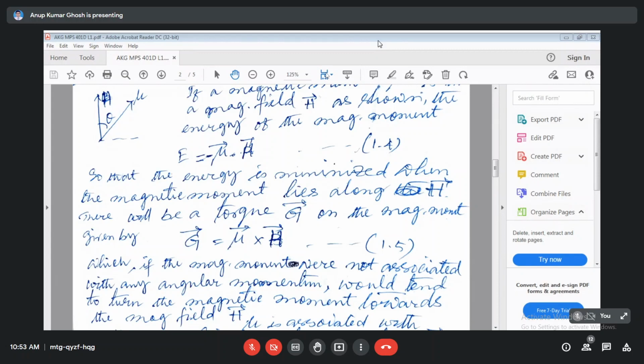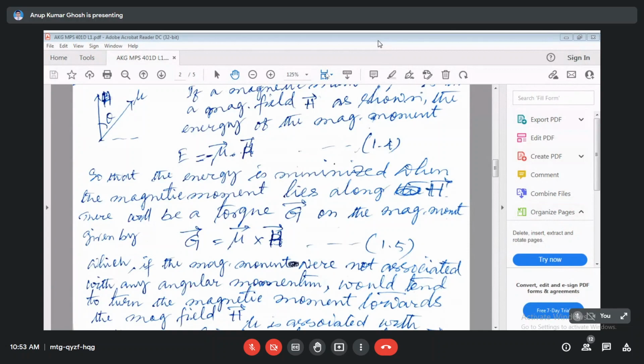One is the energy: because the magnetic field is there and you place a magnetic moment, potential energy will be associated, equal to minus mu dot H. Another thing is the torque.